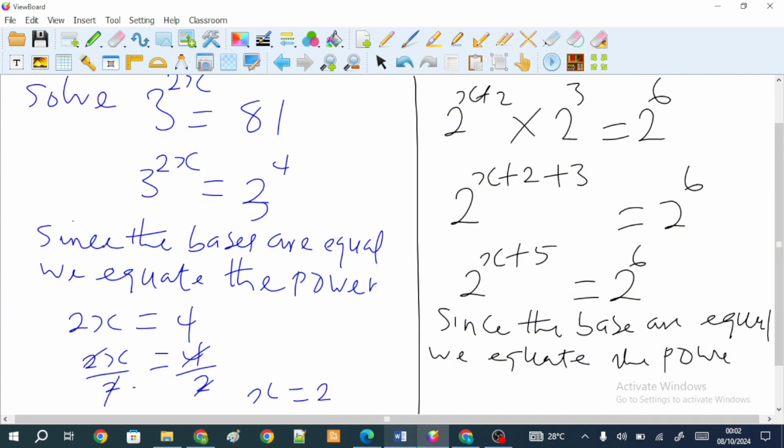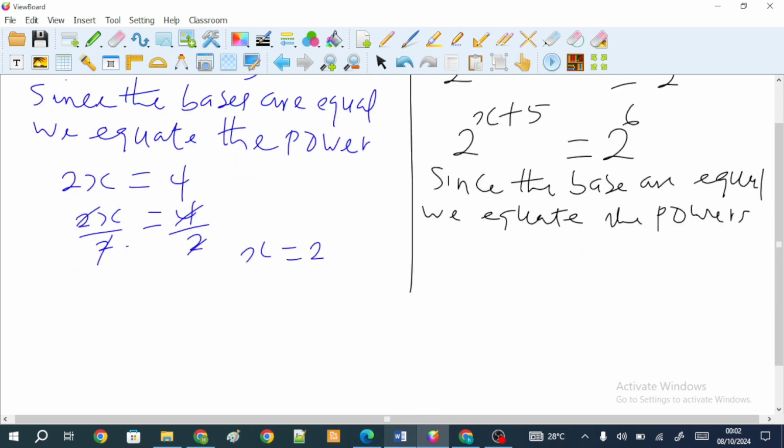This is one of the simplest ways to solve this kind of equation. Try to make sure that the two bases on each side of the equation are the same, or equal, and then we equate the powers.